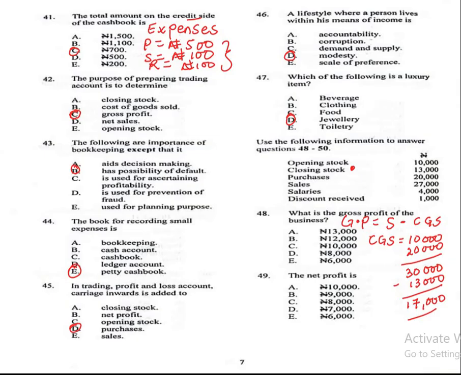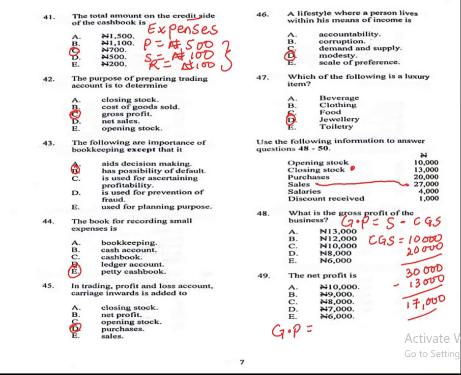Next, let's find the gross profit. Remember, I said gross profit GP is equal to sales minus cost of goods sold. What is the sales? The sales is 27,000.